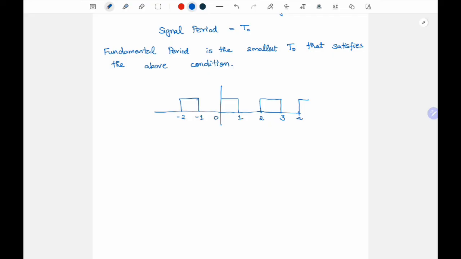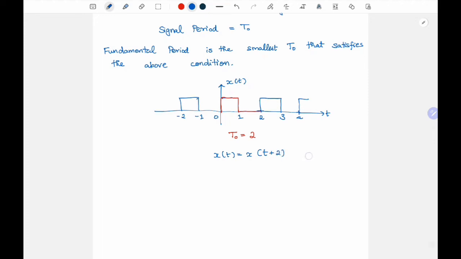So what is the period of this? So you can see this entire thing is being repeated, not just the square, even the empty spaces or where the signal 0 is being repeated. So here the t naught, the fundamental period is 2 units, right? So x of t here is equal to x of t plus 2.